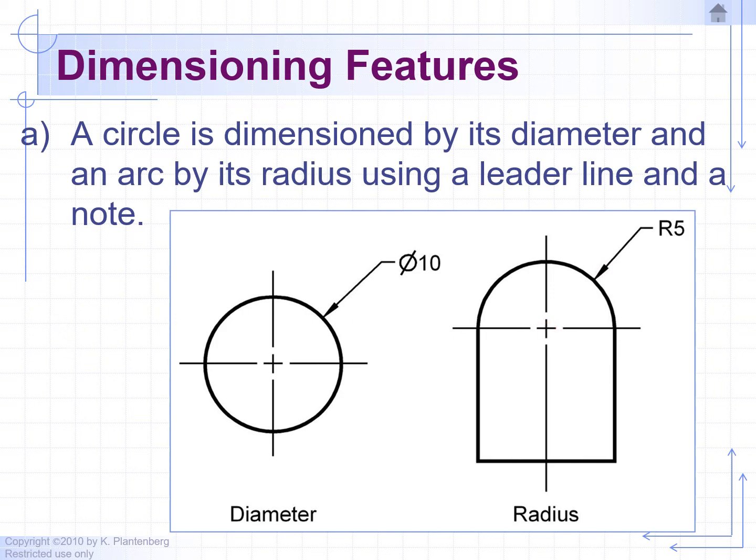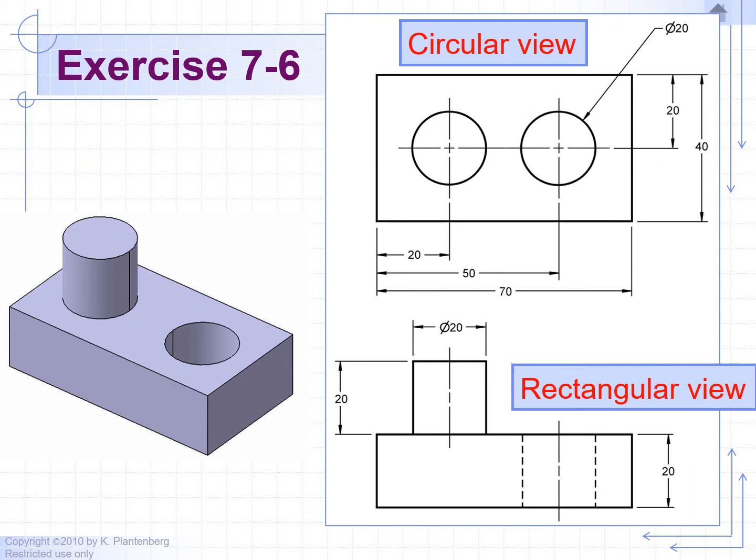Next slide. Okay, let's take a look at circular views versus rectangular views. So as you can see on top, we have the circular view because we can see circles. And in the front view, this is referred to as a rectangular view because the cylinder in the front view looks rectangular in shape even though it's cylindrical.